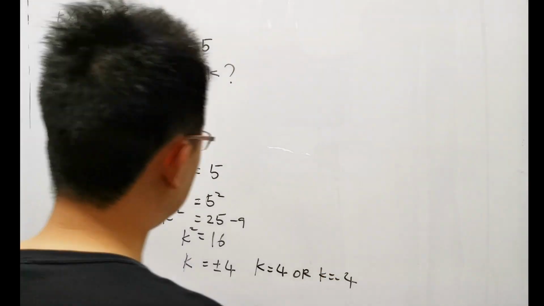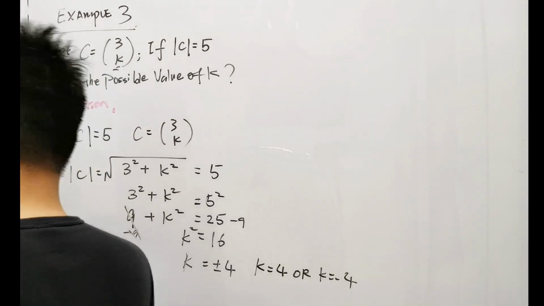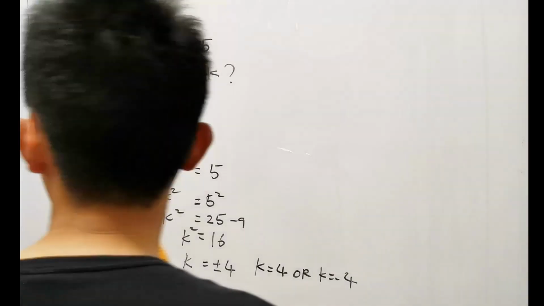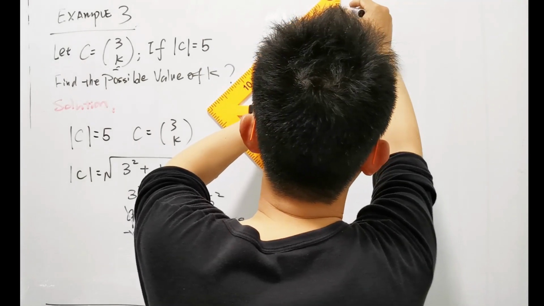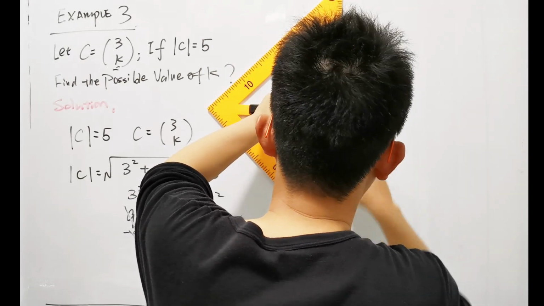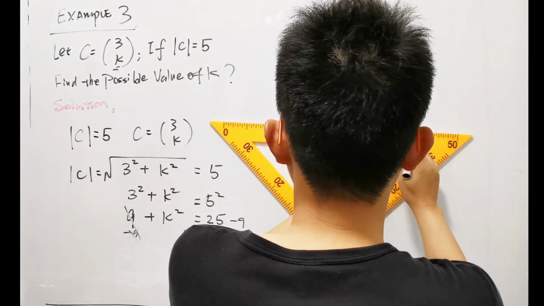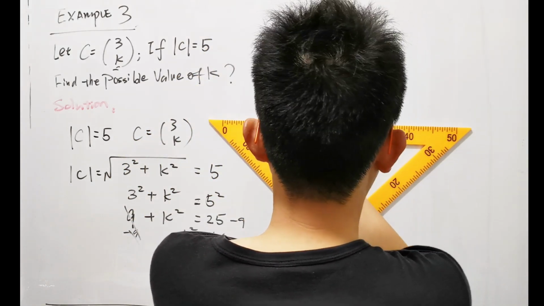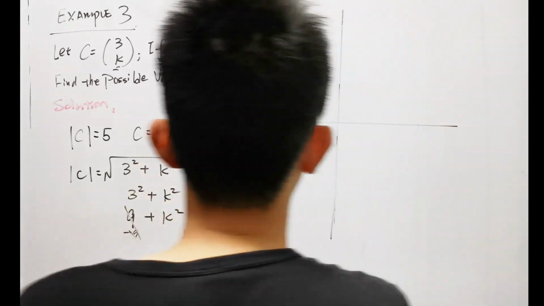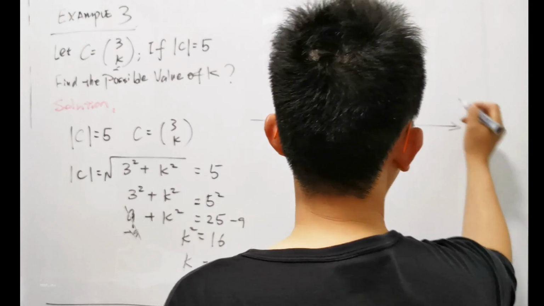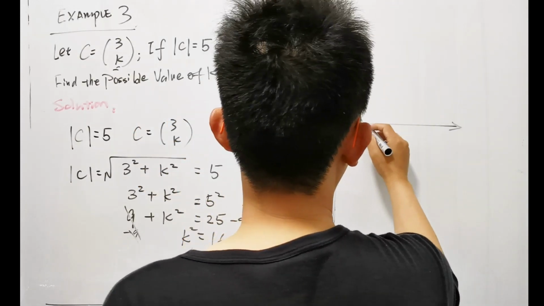So how do we draw this vector in the Cartesian plane? Let's assume this is the Cartesian plane.